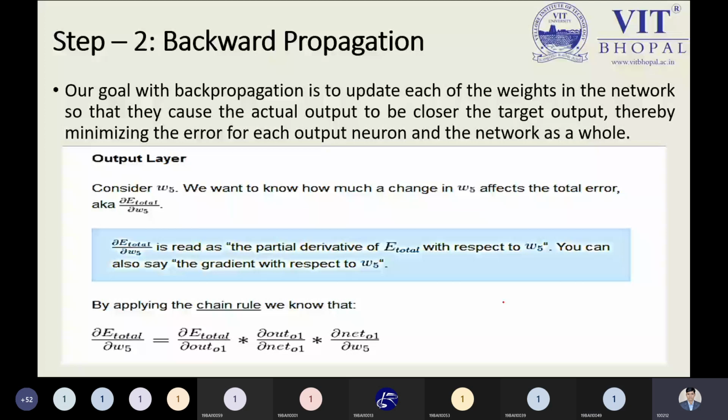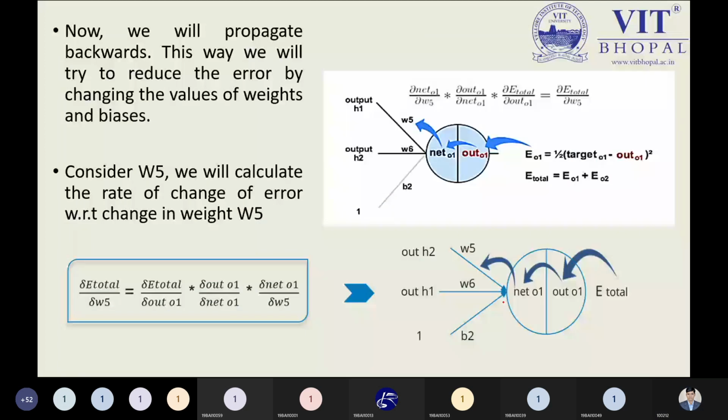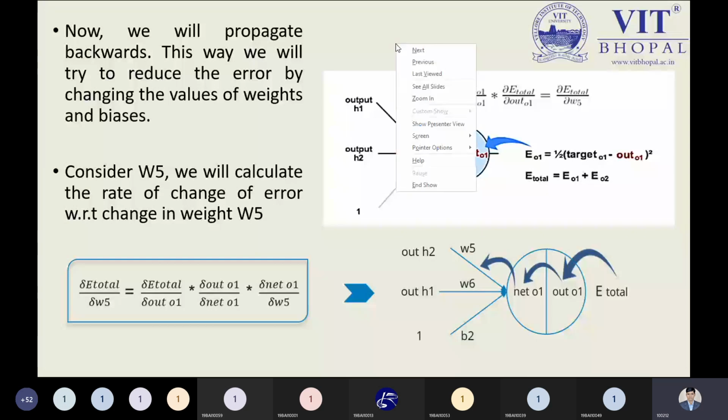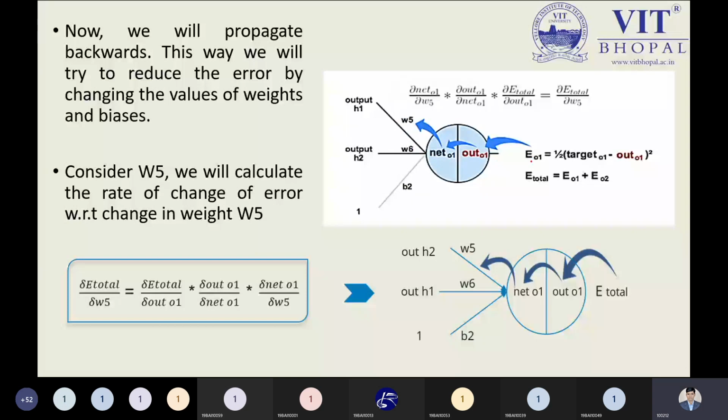So let us understand the chain rule in partial derivatives with the help of this image. I hope this image will help you understand the concept. Just look at the image above. We are talking about the error O1, and this error O1 will be used in E total.